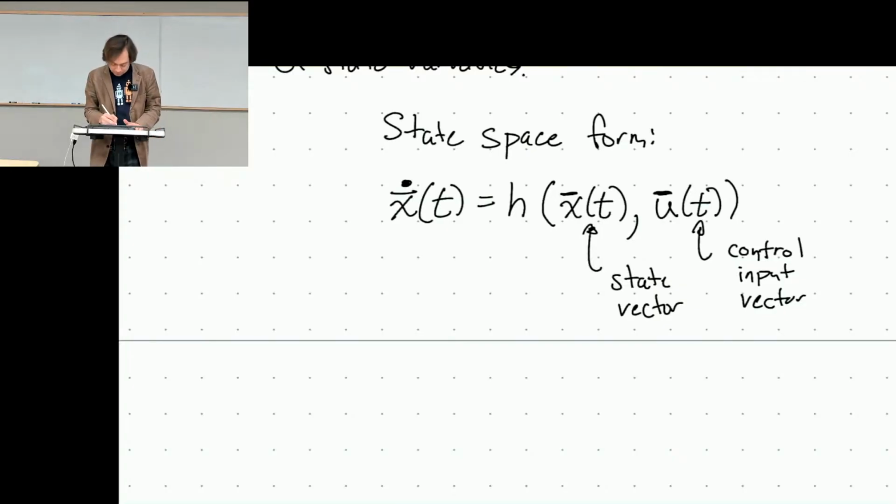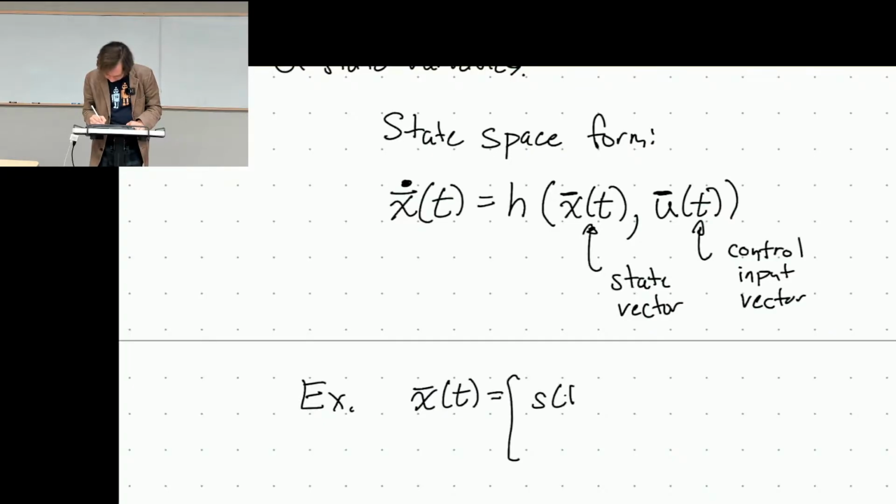Okay? Our pendulum, x bar of t, this is the state vector. We didn't do it with the pendulum. We did it for the slinky. Yes. X bar of t is equal to s of t and v of t.